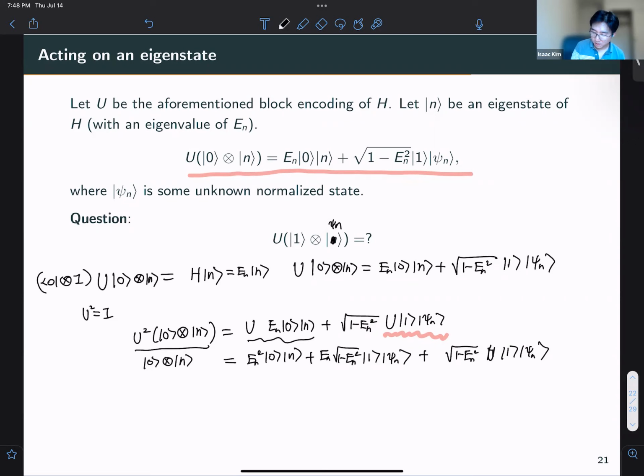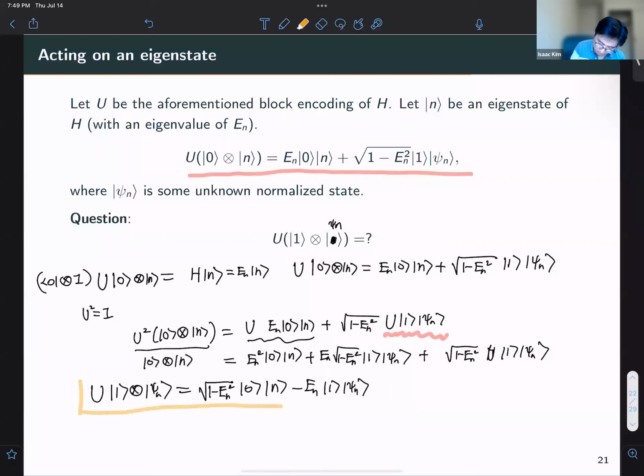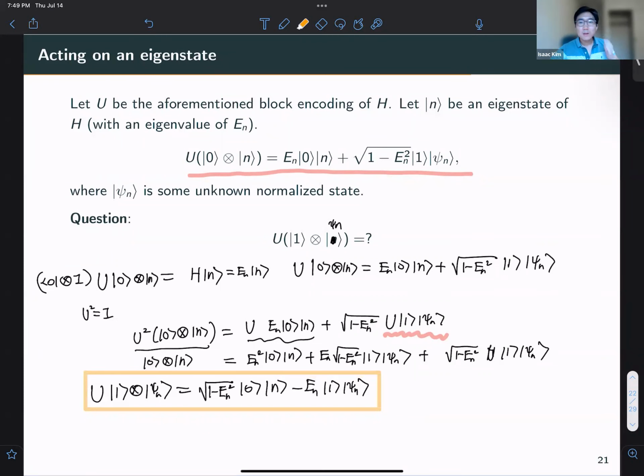So we arranged everything by moving this guy to the left-hand side, and thereby we get this nice relation. That's an important relation. Okay. Any questions so far?